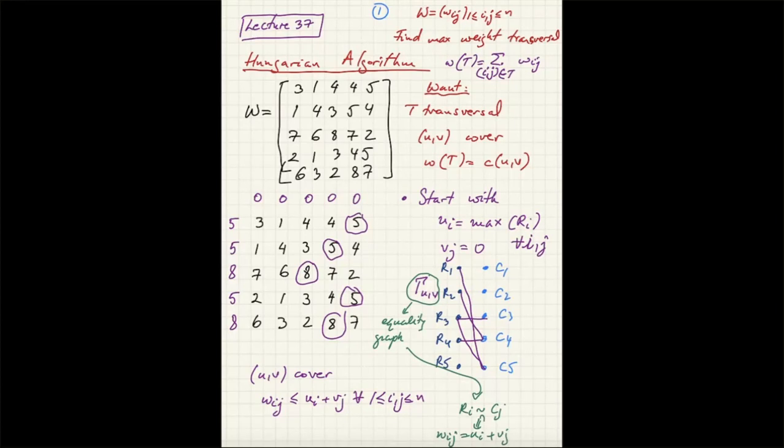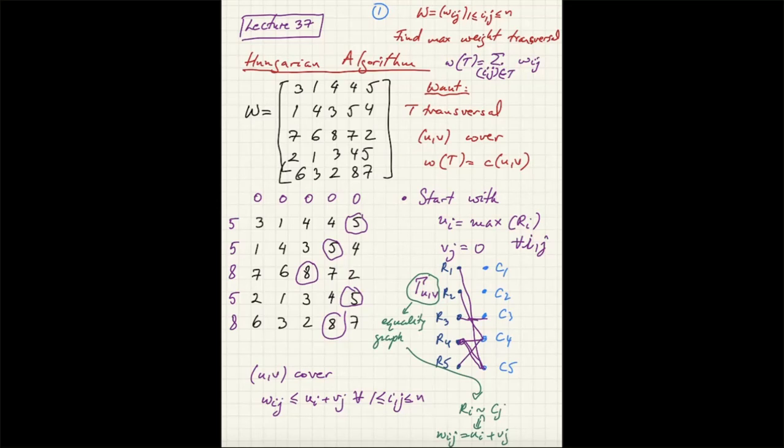I think there's a mistake here, but this one is correct. So we have row 3 with column 3, and then row 4 with column 5. And then the last one, row 5 with column 4. Okay, so this is the equality graph.